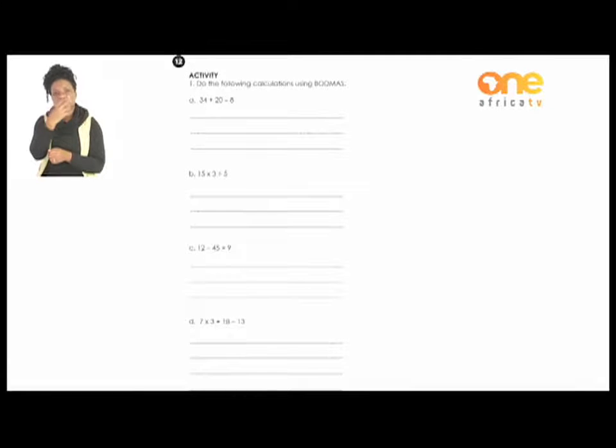B, 15 times 3 divided by 5. Number C, 12 minus 45 divided by 9. And number D, 7 times 3 plus 18 minus 30.